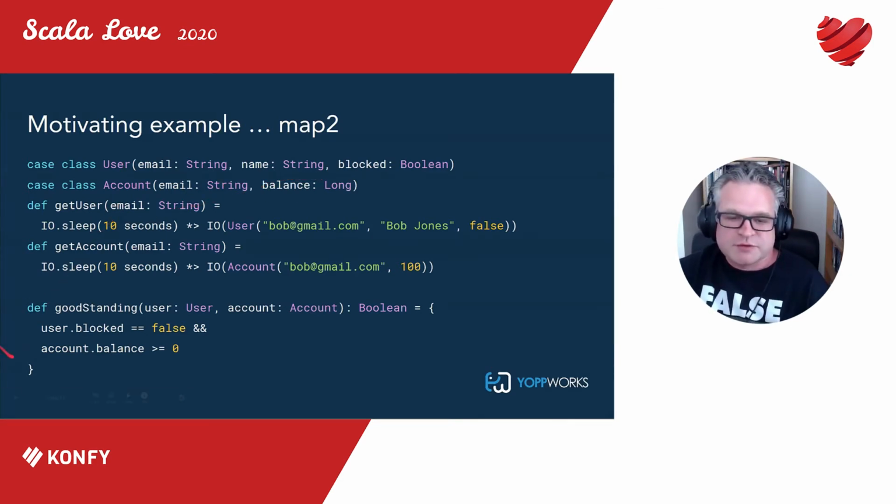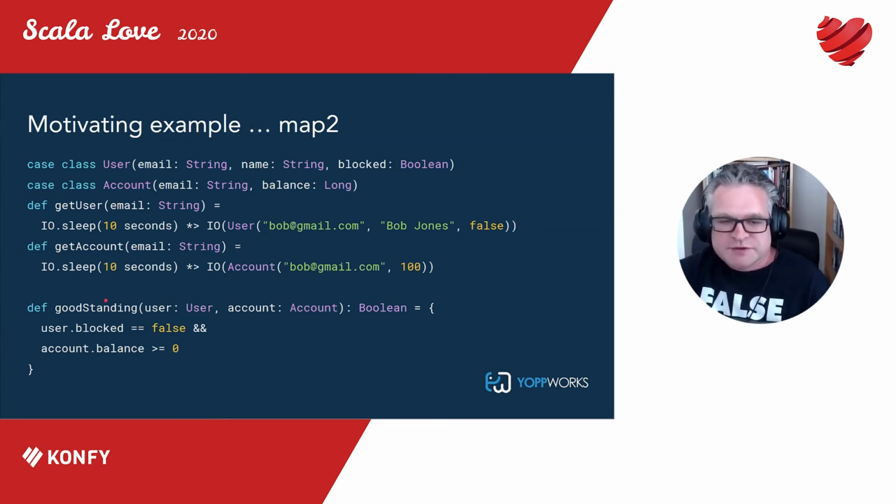Now at the bottom of the slide, we have a pure function. Let's say we want to look at the user info and the account info, and then we have a lot of complicated business logic that tells us whether this account is in good standing or not. The nice thing about this function is it's completely pure, so it makes it easier for us to develop it and test it and compose it with other functions and all that good stuff.